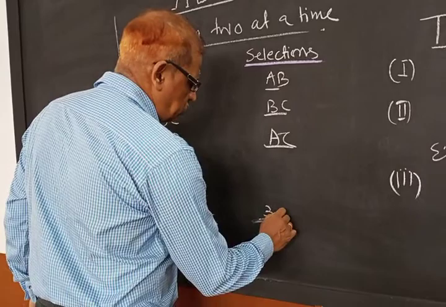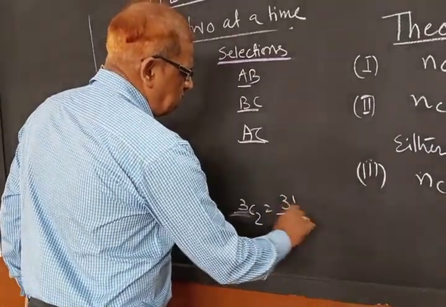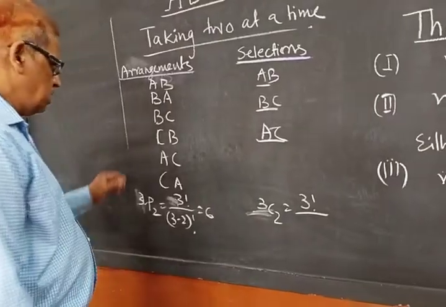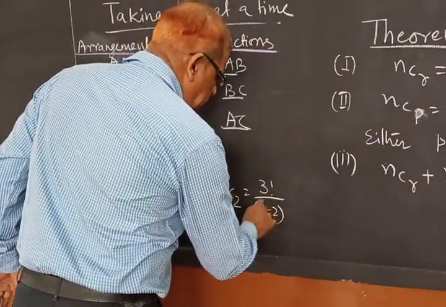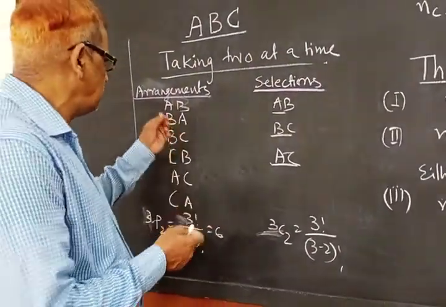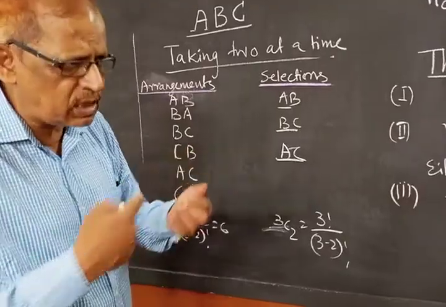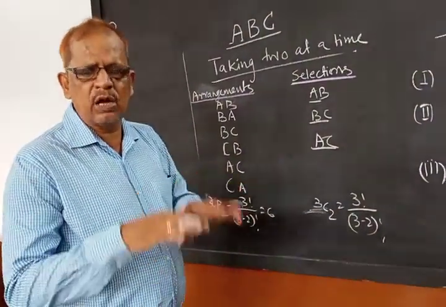If you arrange, it will be 3P2, but if you select it, the ways in which these r elements are arranged, we have to divide.